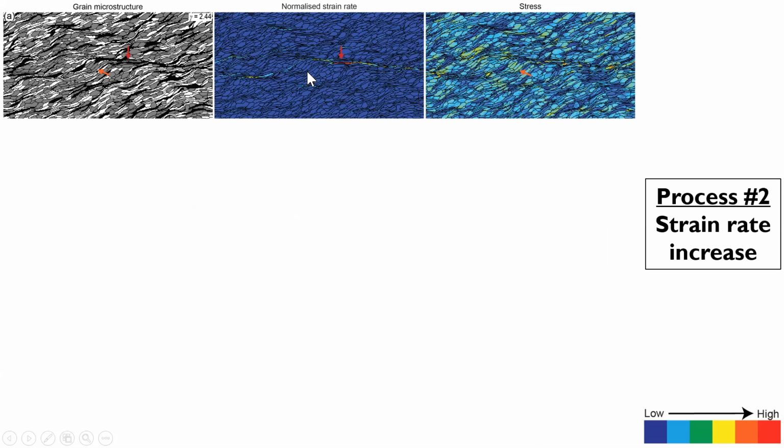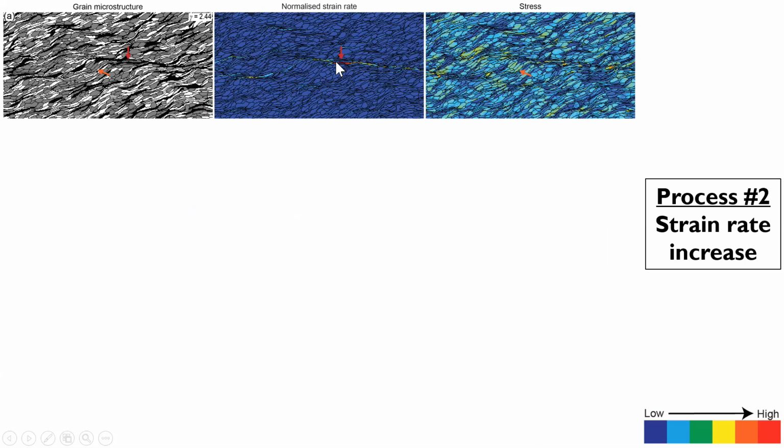So there's an uneven distribution of strain rate in these layers of weak phase. Here you can see an area of red here, and then the rest of the layer of weak phase is at a lower strain rate.